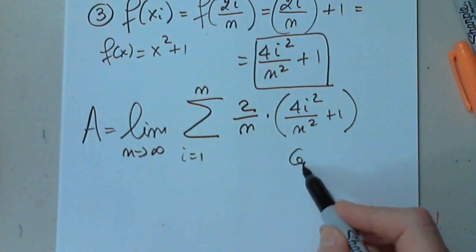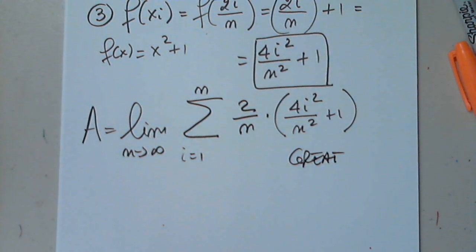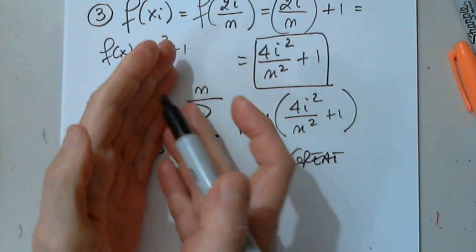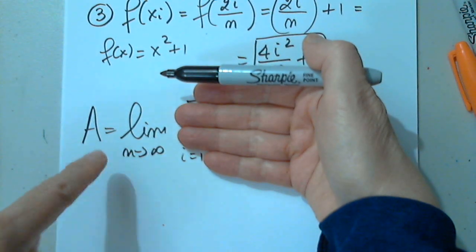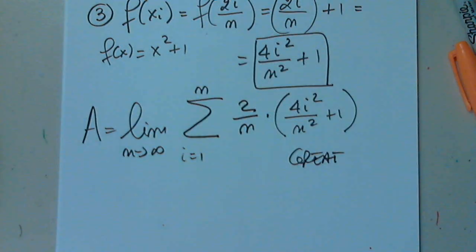This is great. But now I have to continue finding it. I have to simplify this to the max and then apply the limit. And when I apply the limit, I get whatever.